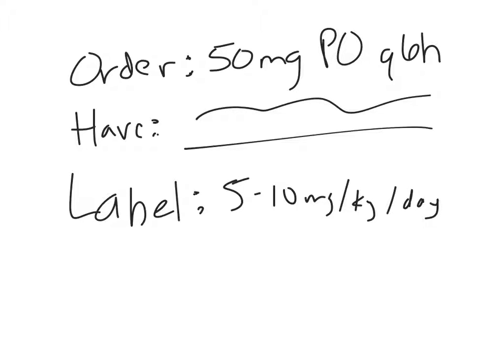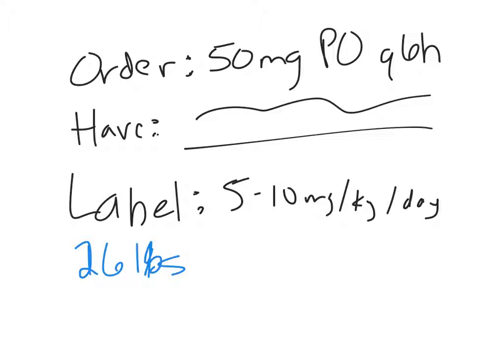So let's see. Let's say we have a patient who weighs, let's say, how about 26 pounds? I was getting ready to write kilograms, I think. 26 pounds. Okay, so let's see if this ordered dose is safe for them.